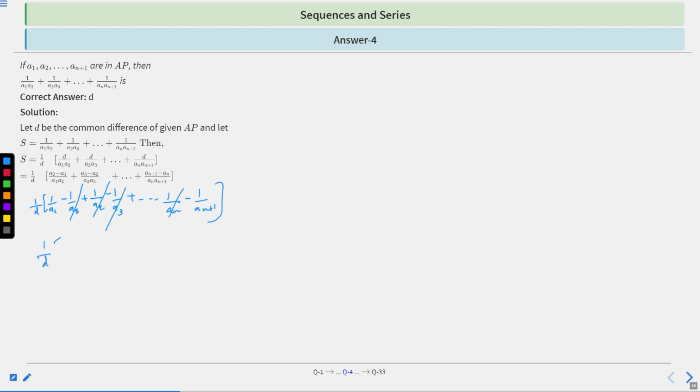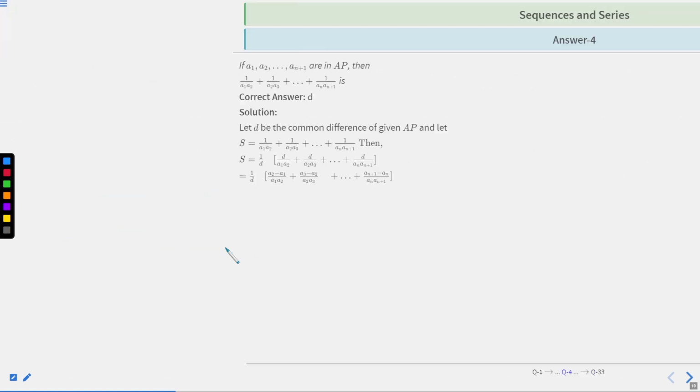be left. So 1 by D into (1 upon A1 minus 1 upon AN plus 1), which is equal to 1 upon D into (AN plus 1 minus A1) upon A1 AN plus 1. Right.